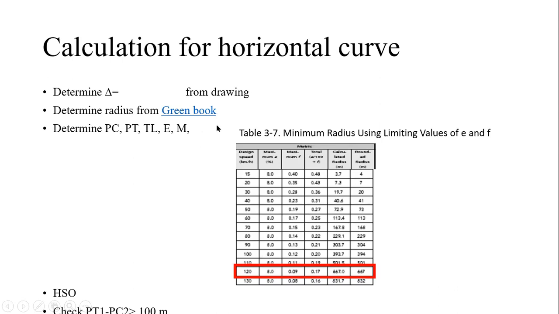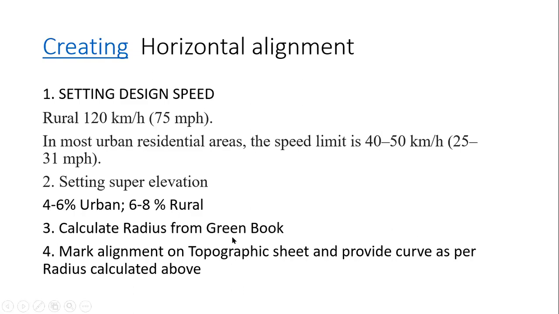Again, we get this value from the Green Book, because the radius is proportional to the square of the speed and inversely proportional to the super elevation. Once we have fixed the super elevation as per the guidelines and we know the design speed, we can always find the minimum radius. That's how we calculate radius from the Green Book.